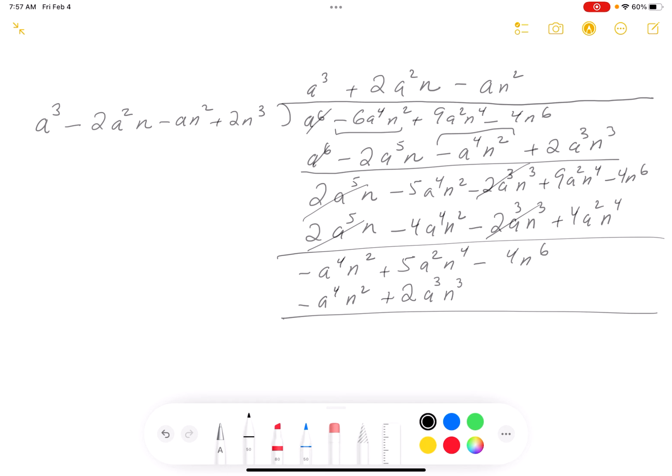I got to be real careful here. That's a cubed n cubed plus a squared n^4, and then you can get minus 2n^5.